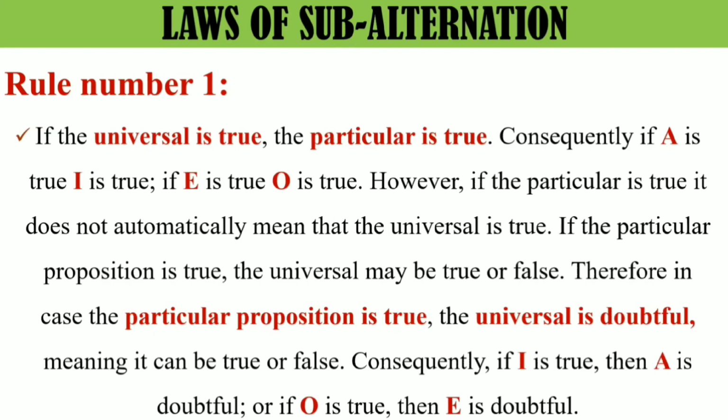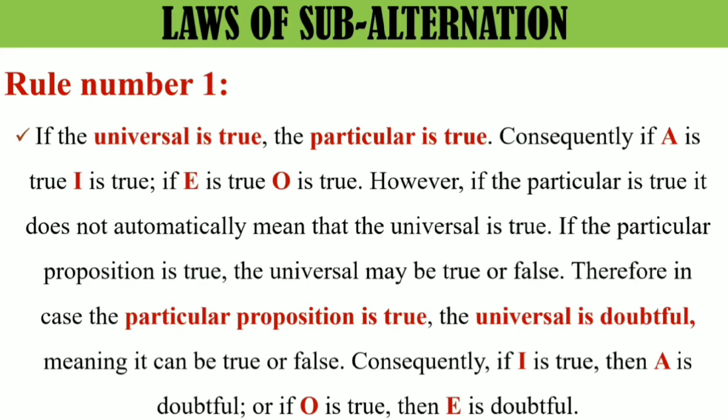Again, rule number 1: the truth of the universal involves the truth of the particular, but the truth of the particular may or may not involve the truth of the universal. That is why if A is true, I is true. If E is true, O is true.